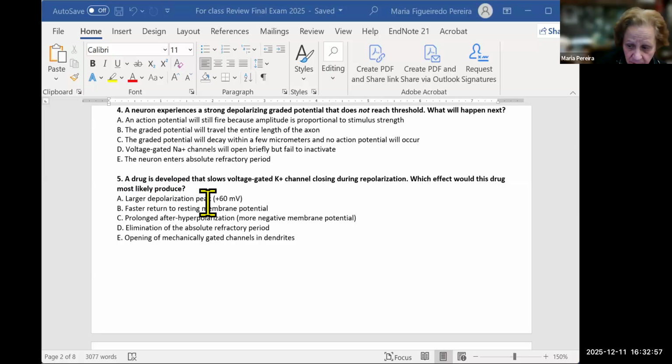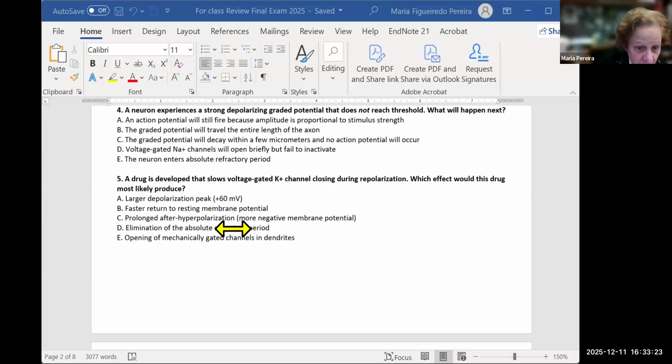Larger depolarization peak? No, this never happens. C. Faster return to resting membrane potential? No, because it's slowing potassium channels. Prolonged after hyperpolarization? Yes, more negative membrane potential. That is correct.